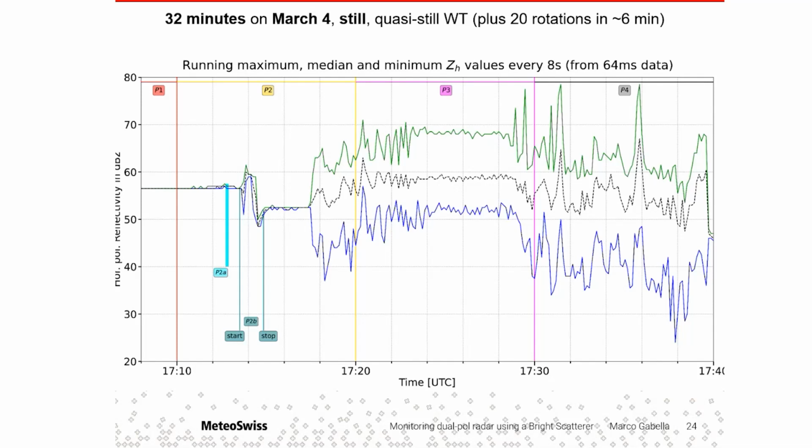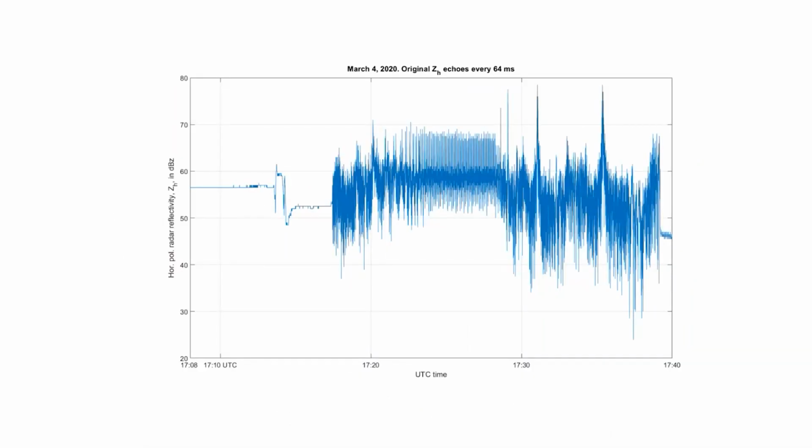So 1 point every 64 milliseconds. And now that we have discussed it a bit in detail, I think you can really identify all the phases. A first period with no rotor speed, then a change, and then a transition into an energy production mode here.